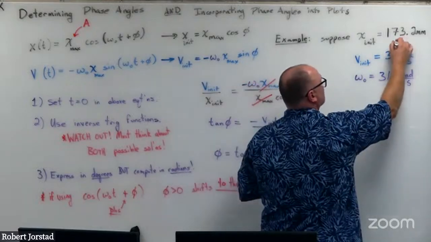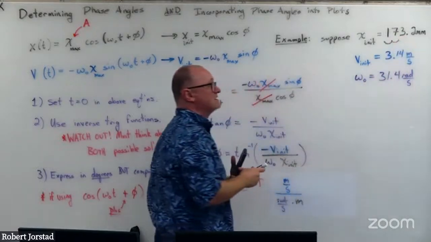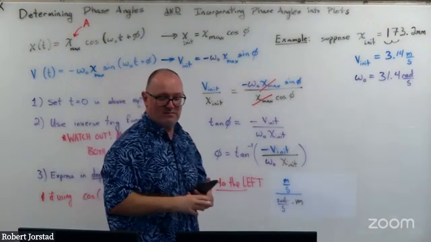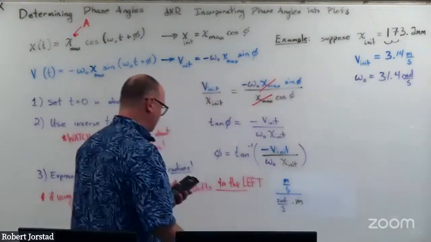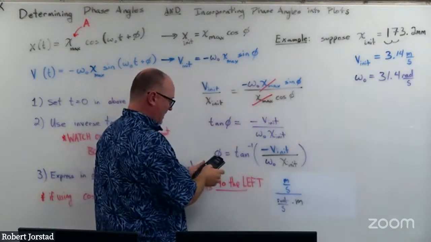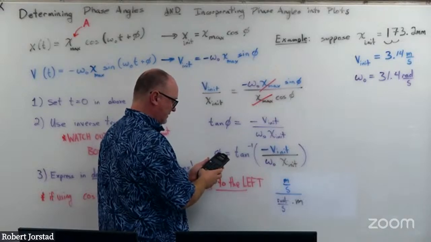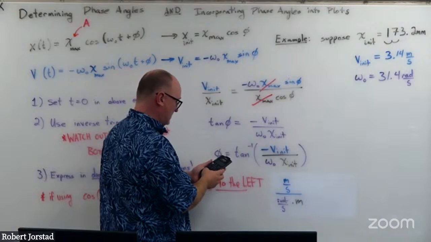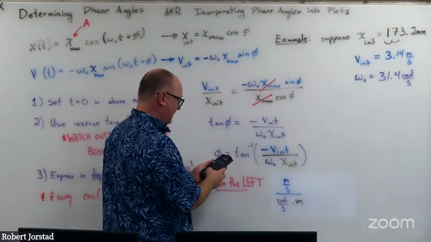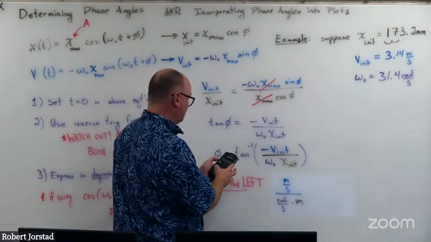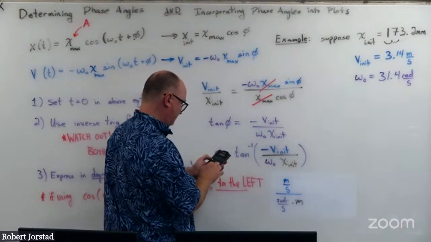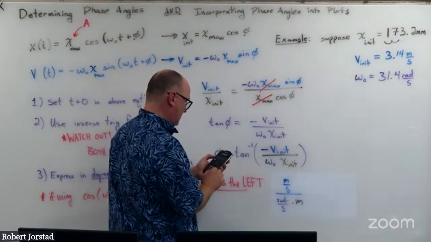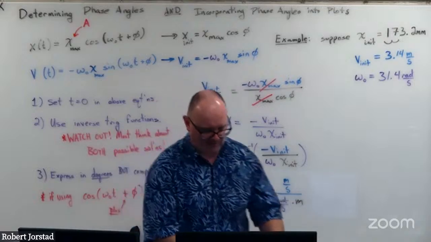So 1, 2, 3, it's going to be 0.1732 meters. Always check those units. Okay, so I'm going to go back and redo it with 0.1732. Now I get a negative number and I'm going to take the tan inverse of that. And I got negative 30 degrees.